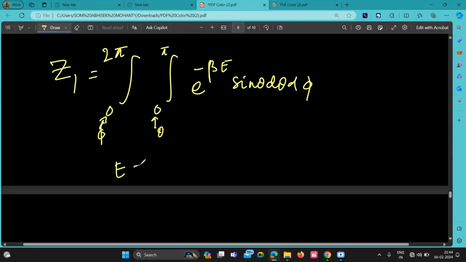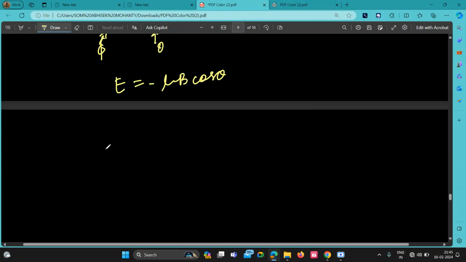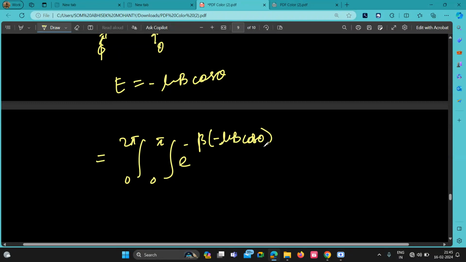Now E is equal to minus mu b cos theta. So in place of E, put this one. So 0 to 2 pi, 0 to pi, e to the power minus beta times minus mu b cos theta, sine theta d theta d phi.